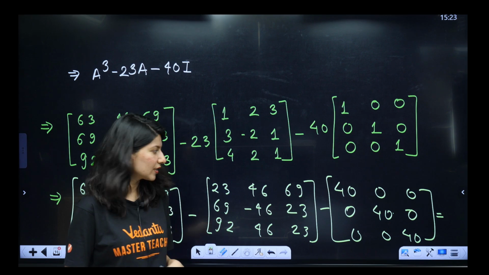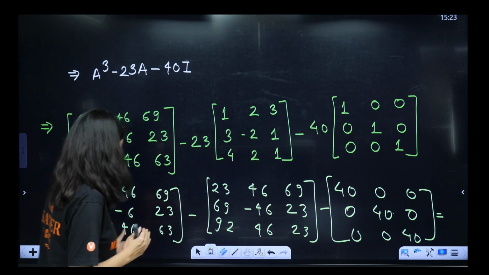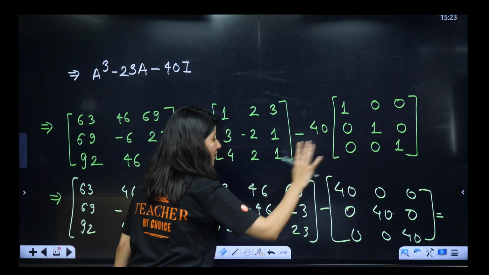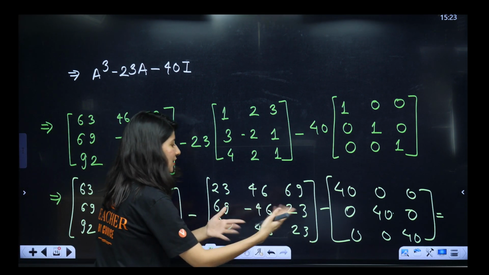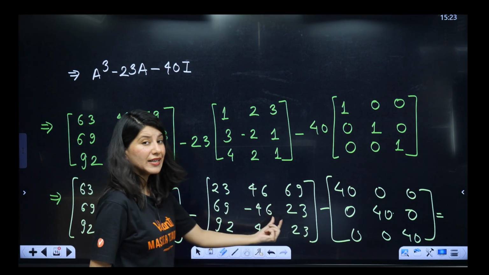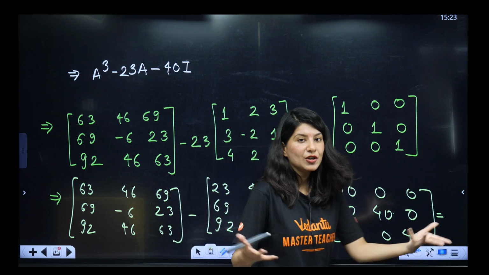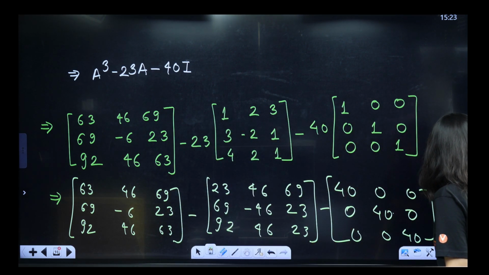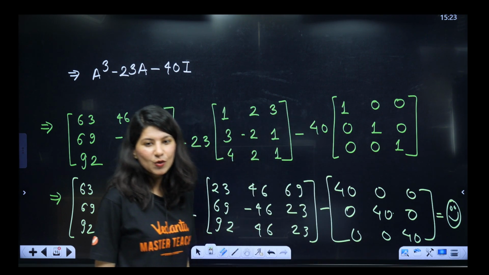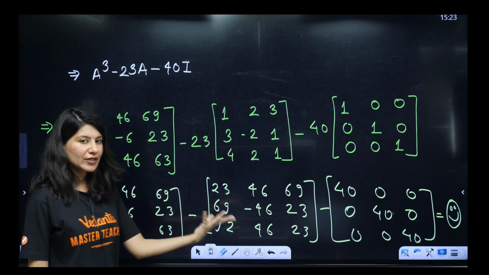Basically, it will be plus 40, minus 40 again 0. So you will see 23 minus 23, 0. Every term 92 minus 92, 0. 46 minus 46, 0. And then 63 minus 23 will be 40. 40 minus 40, 0. So basically what you're going to get is a big fat 0. Happy 0. Right? So if you solve it, you will get 0.